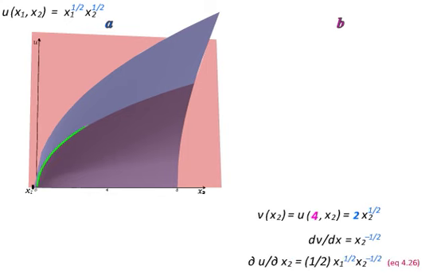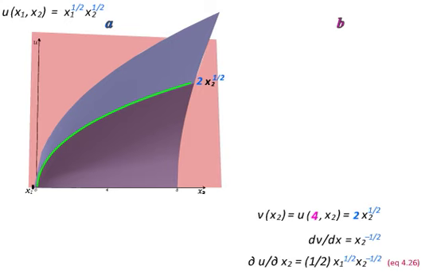So far, we found the slope of a vertical slice of the utility function by simply plugging in the value 4 for x1, creating a function of a single variable, x2, and taking the derivative. More generally, without substituting a specific value in for x1, we could simply treat the utility function u as a function of a single variable x2 by treating x1 as a parameter.